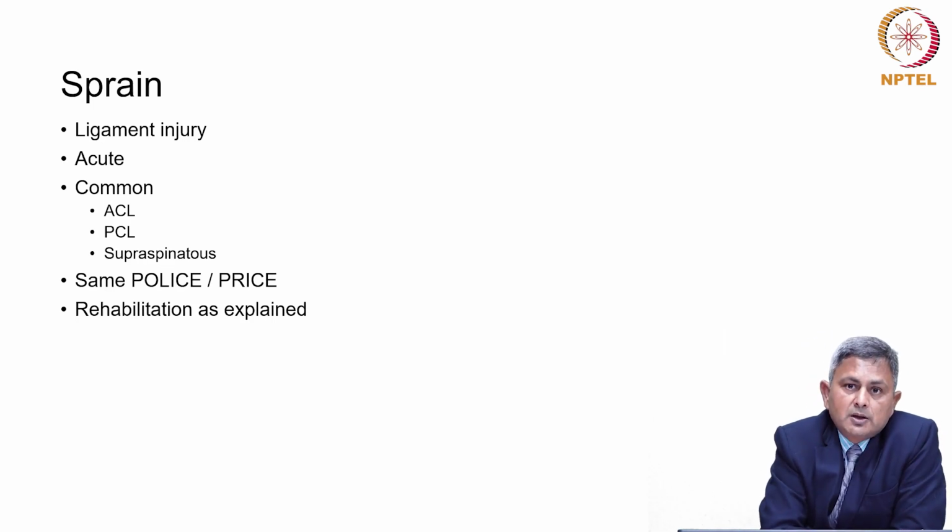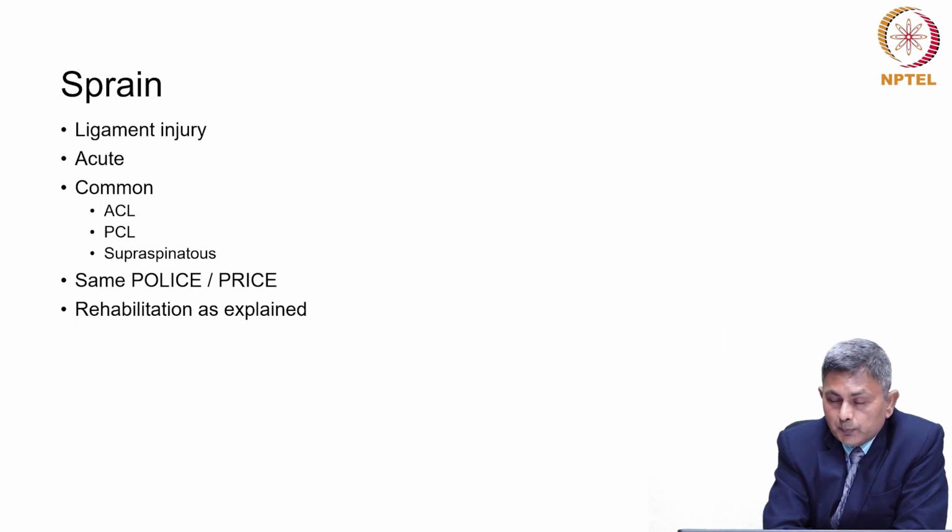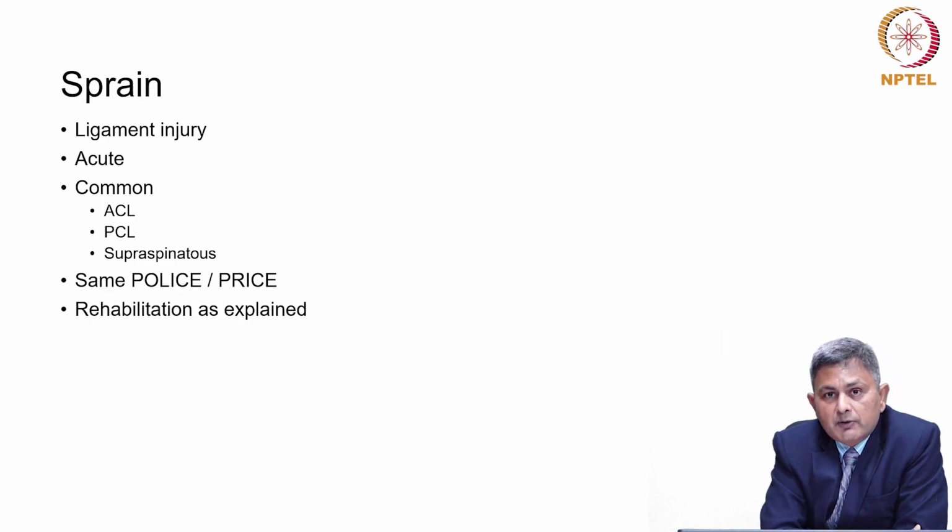Grade 2 still has some chances, or with the help of strengthening of the surrounding muscles like the quadriceps and hamstrings, and pelvic, hip stabilization exercises, or hip joint stability exercises, he can still perform.